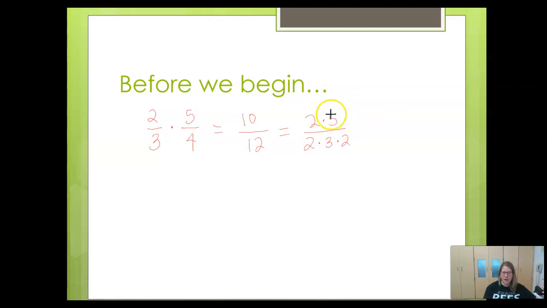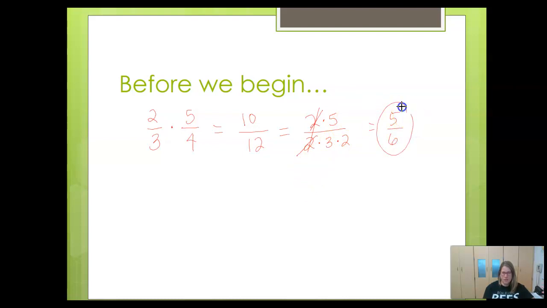Like 5 is prime because 1 times 5 is the only way to multiply to 5. But 6 is not prime because for 6 I can either do 1 times 6 or 2 times 3. So it's prime once you can't divide it down any further except by using 1 and itself. So I'm writing it like this because now I can see what needs to cross out or cancel out. 2 divided by 2 is 1, so that part just becomes a 1. And then I'm left with 5 over 6.